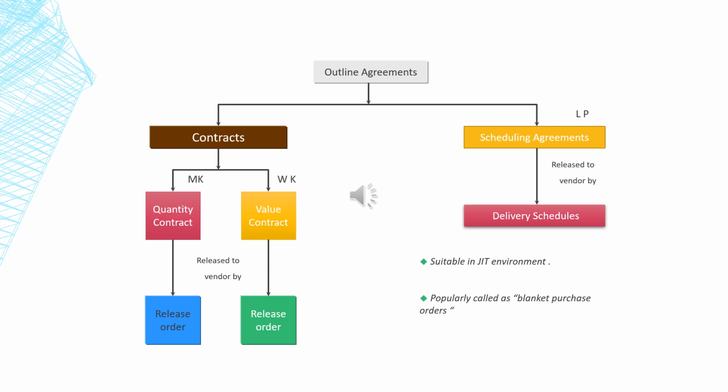A contract can again be of two kinds: one is quantity contract, one is value contract. A quantity contract basically specifies the required quantity, and the value is the net worth of the material. Those are basically created with release orders.